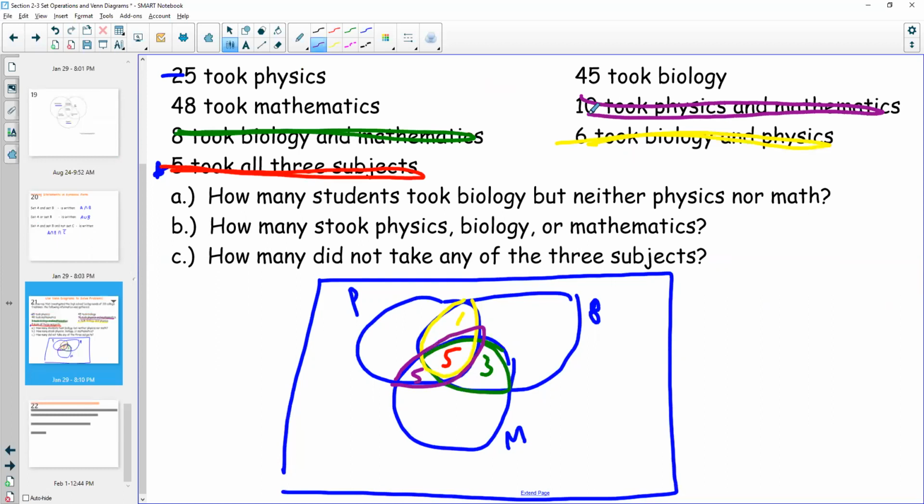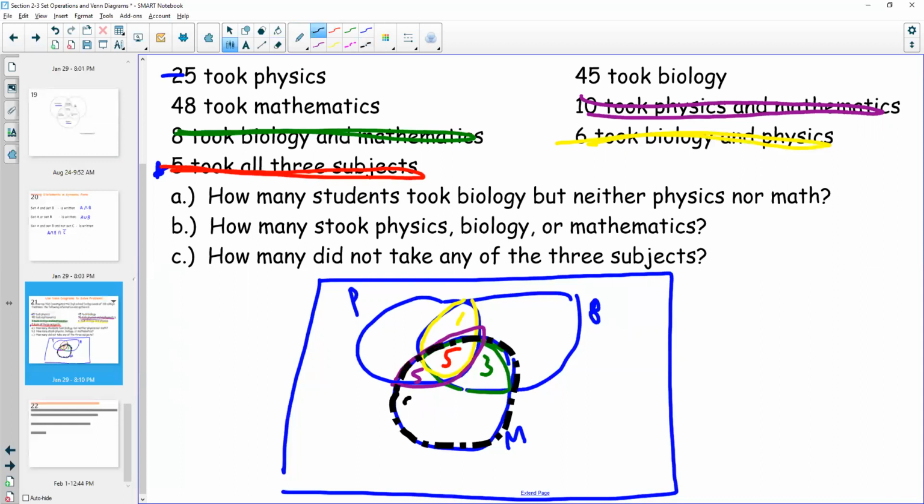All right, same idea applies when we do the next part. So 48 kids took mathematics. This whole circle down here is math. So I already have 5, 10, 13 kids who took math. So this has got to be 48 minus 13. That gets me, ooh, I should use an actual marker that isn't weird.